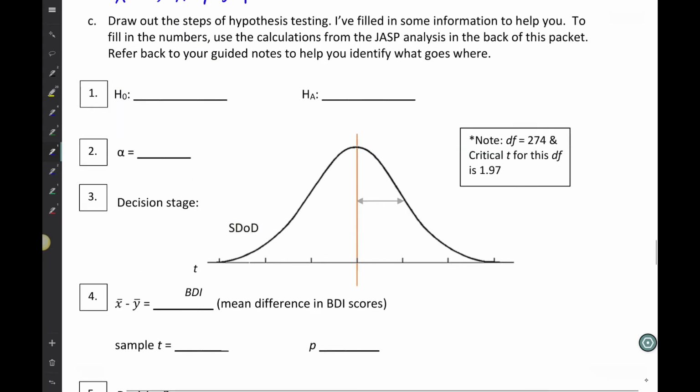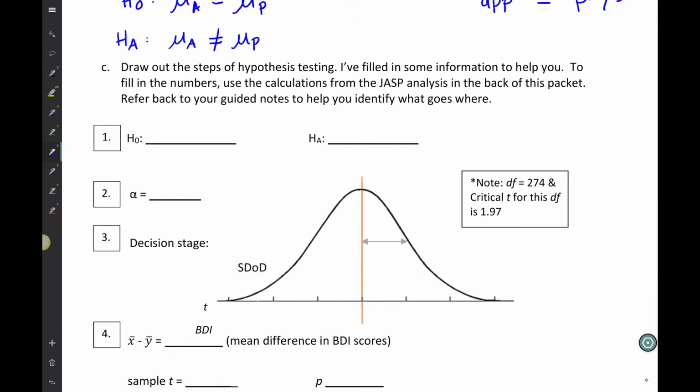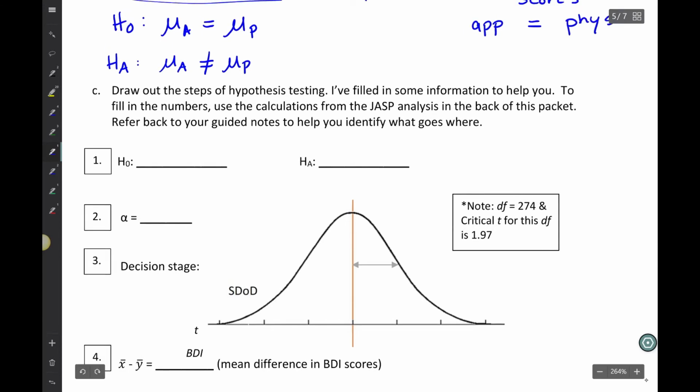So let's go ahead and fill out our chart here. We can copy over our null hypothesis from up above, and there are several different ways you can write this. I believe in the videos, she tends to prefer the x minus y kind of method. I typically think it's more straightforward to just say this group is equal to this other group, that the means are equal between our two groups.